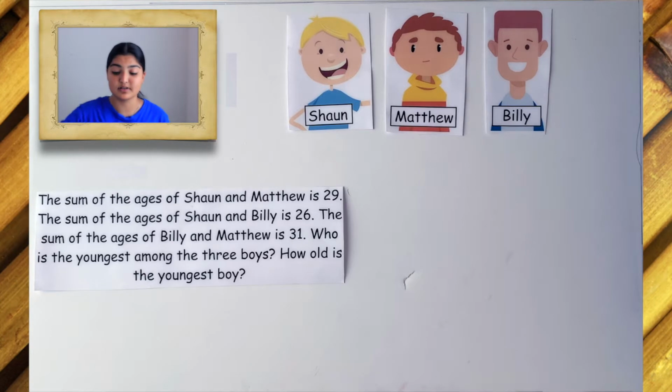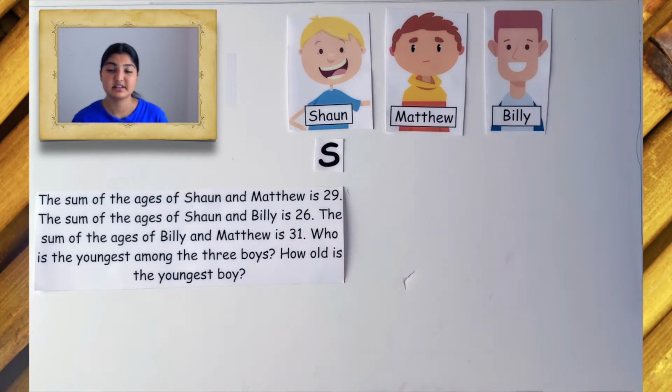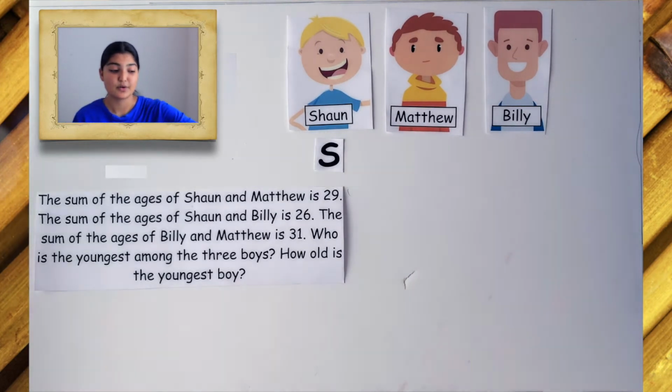We can assume Shaun's age by using the variable s. We can assume Matthew's age with the variable m.